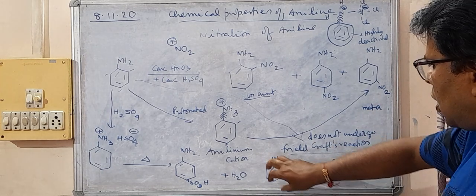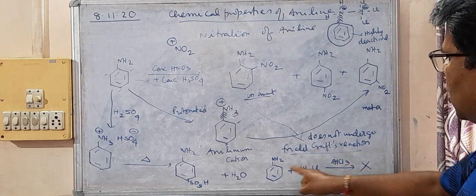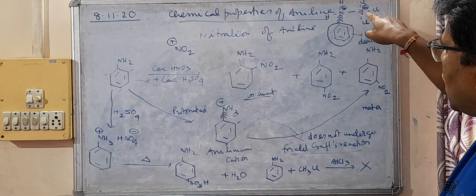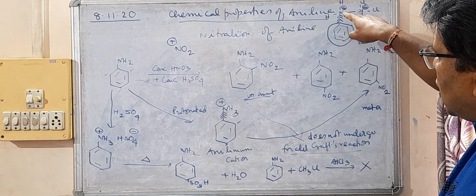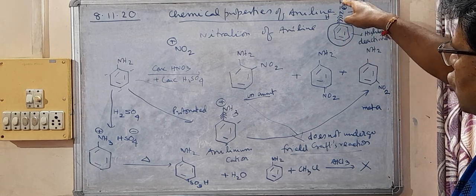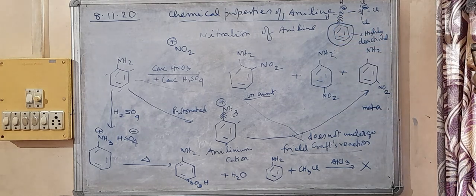Aniline is a Lewis base and AlCl3 is a Lewis acid, under the condition of this reaction they combine to form a salt, and since this N becomes plus, it acts as an electron withdrawing group and highly deactivates this ring. So these are some of the important chemical properties of aniline, or chemical properties of amines.